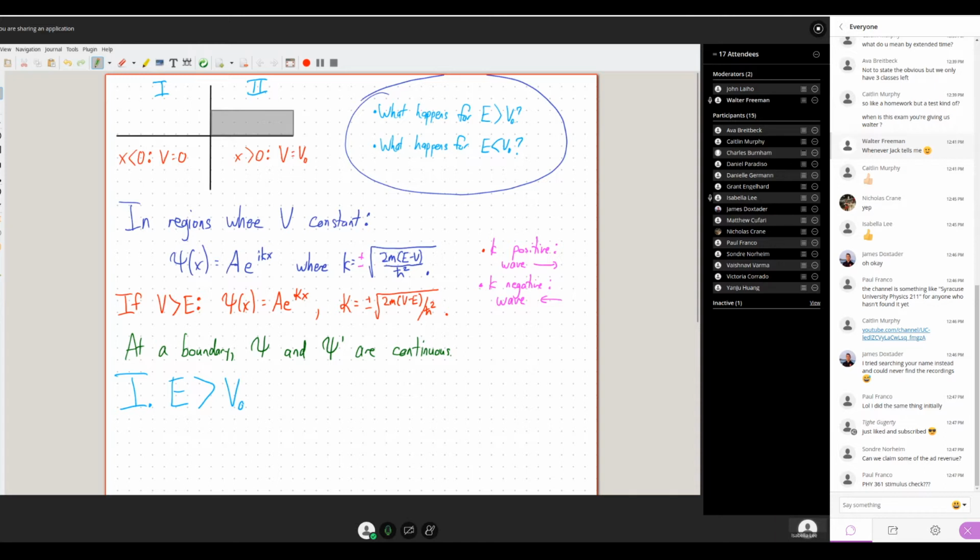Yes, okay. So remember this funny case where V is greater than E, this happens when the kinetic energy is negative. Is that going to be the case on either side here? No, because the energy is greater than the potential on both sides.